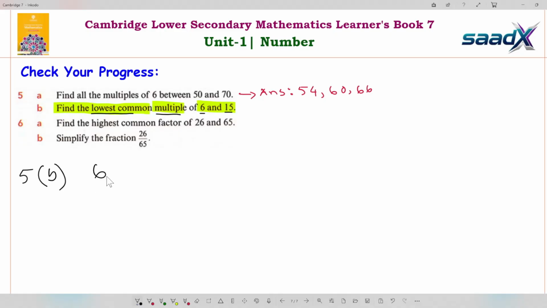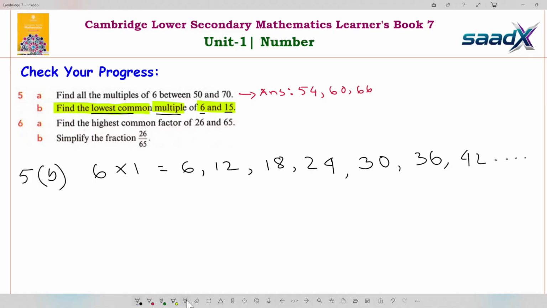Look, 6 we can write 6 times 1 is 6. Similarly we will get 1, 2, 3. So 6, 12, 18, 24, 30, 36, 42, dot dot dot. We will get lots of numbers. This is 6 times n. N can be 1, 2, 3. N can be 1 to infinity.